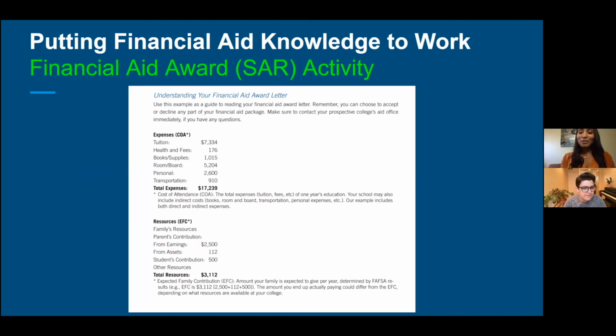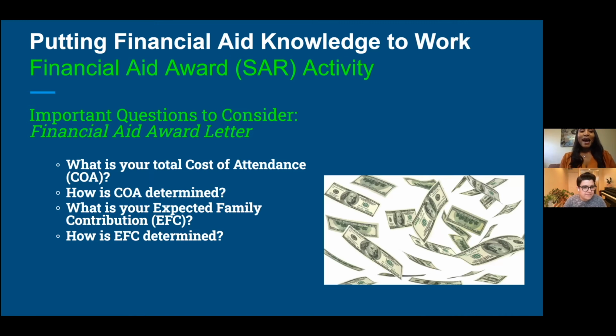Awesome. How is your cost of attendance determined? So that's by adding up all of the different things. So not just your tuition, but fees, your room and board, books, which can get pretty pricey. Transportation was another factor, which I thought was interesting. So all those things add up. It all adds up. That's exactly it. That's how they determine your cost of attendance.